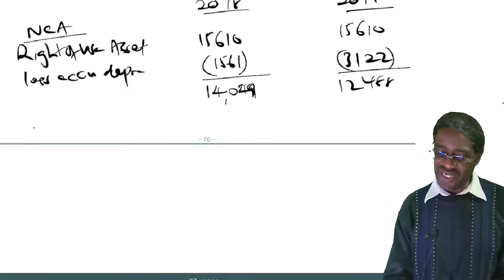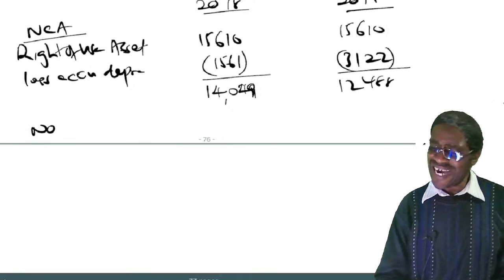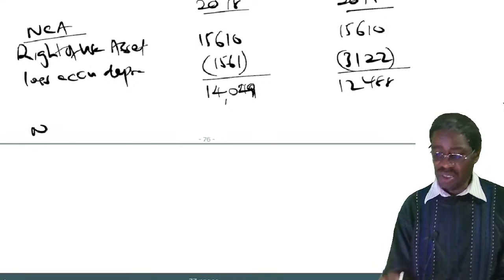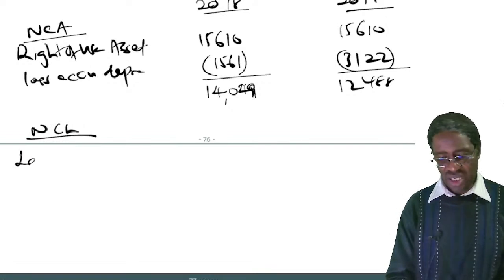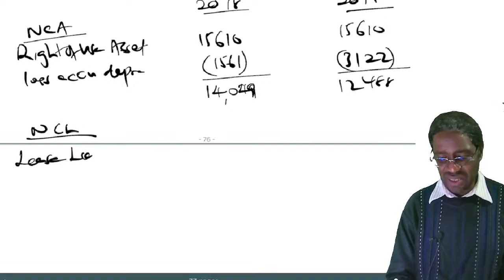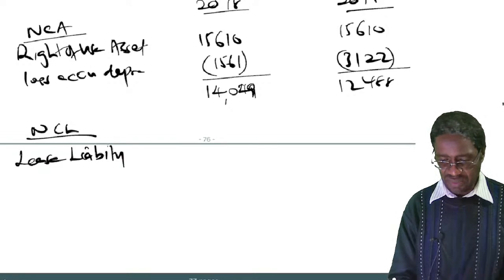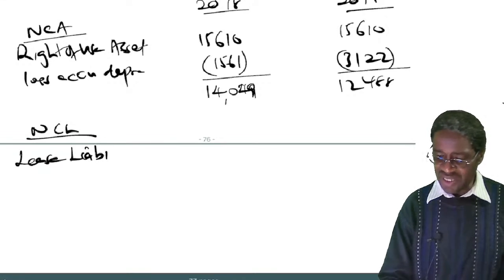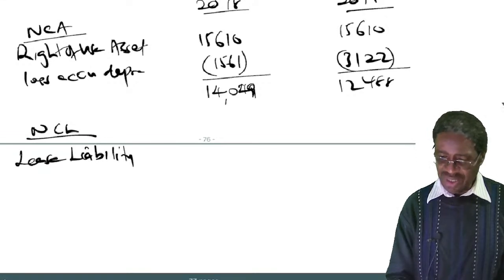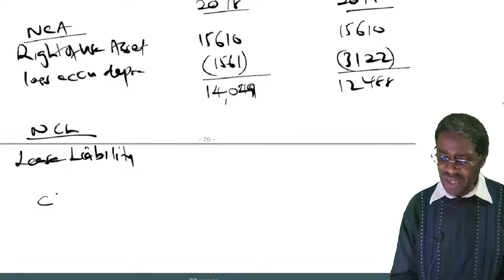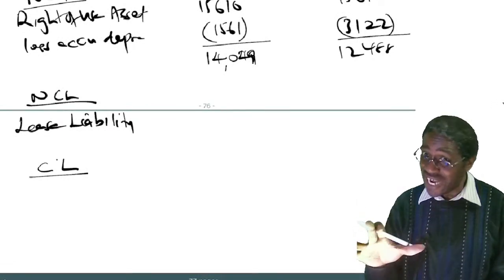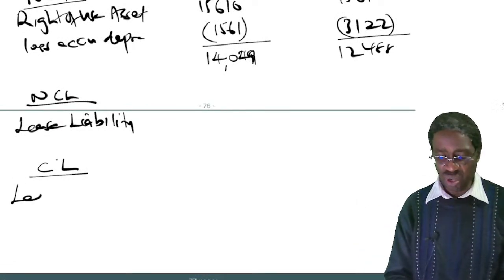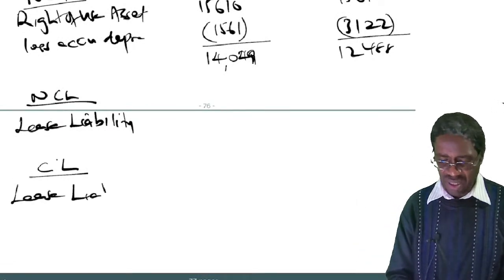For the liability, among your non-current liabilities, there you will have what we call lease liability. Then, listen, among your current liabilities again somewhere, you will also have lease liability.